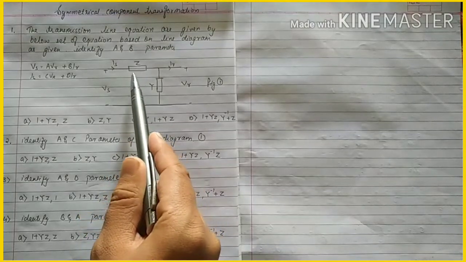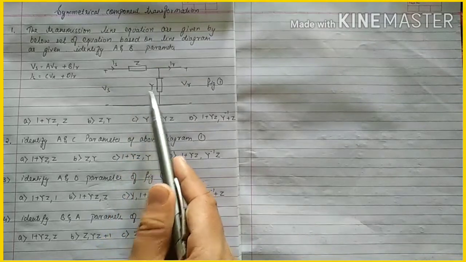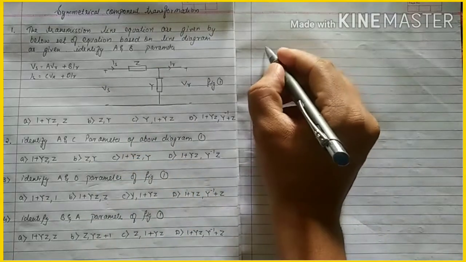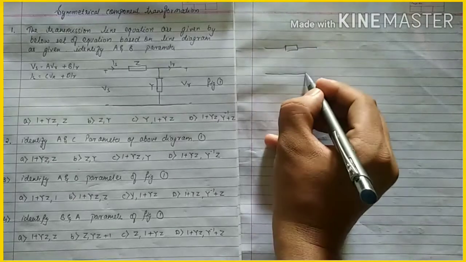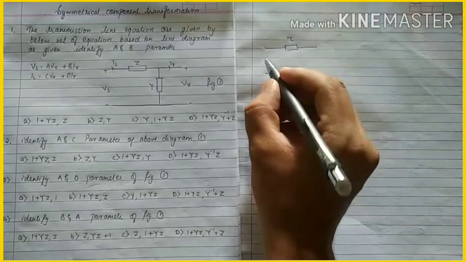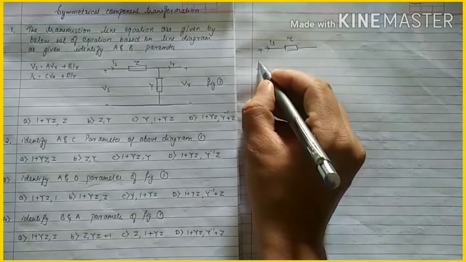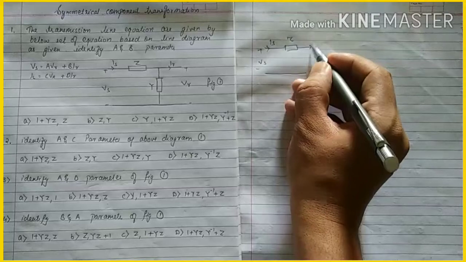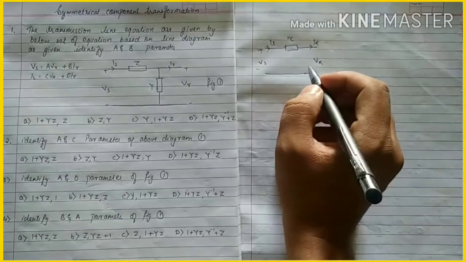Okay, so we'll solve the ABCD parameter by taking individual parameters. Okay, first we'll find the ABCD of Z and ABCD of Y. So how we'll solve? Draw this impedance here. Okay, this is IS, this is Vs, this will be IR and this will be VR.